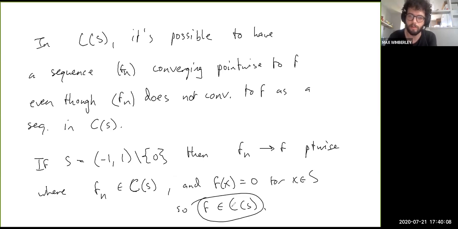But once you throw out 0, F is just 0 everywhere, so F is continuous on this set and is an element of C of S. So we have a sequence of functions in C of S and another function in C of S, and this sequence converges to this function pointwise, but does not converge to it as a sequence in the metric space C of S. That was the point I was trying to make. And that makes sense.